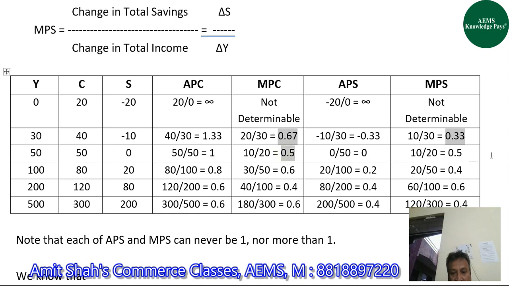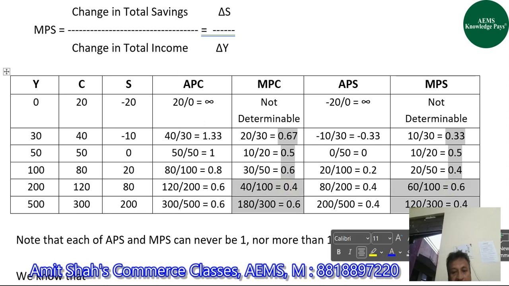Here also 0.5 plus 0.5 is 1. 0.6 plus 0.4 is 1. And the same is also here.